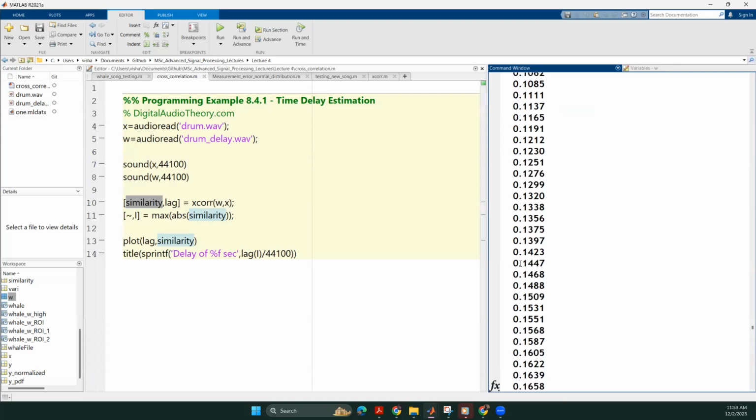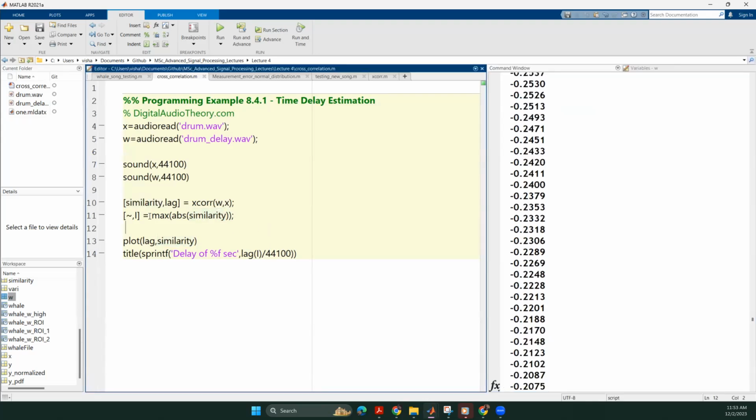Depending on the polarity, the output value will change. In order for me to find the point where the similarity is maximum, I do this operation where I take the absolute value of the similarity values and find the maximum possible value that I can obtain.